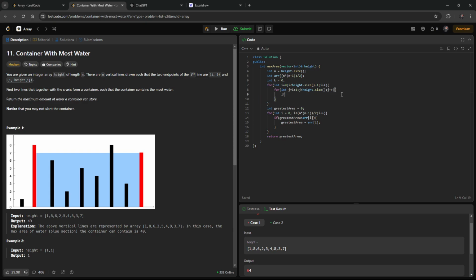And we need an if statement to check if I is less than ij. If I is less, then we have to multiply I with the difference between I minus j.